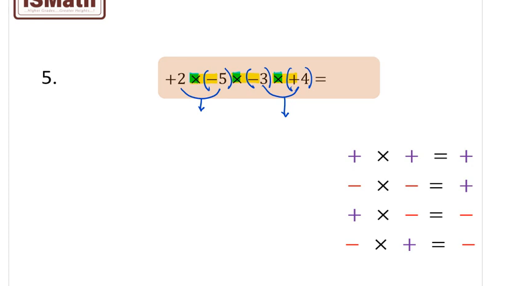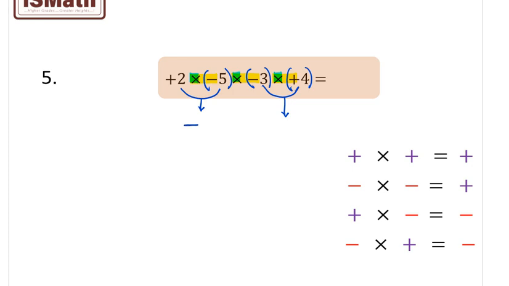So we have plus 2 times minus 5. If you go back to the rules, same signs will always give you positive and different signs will always give you negative. So we have plus times minus first, and we get minus because there are different signs.